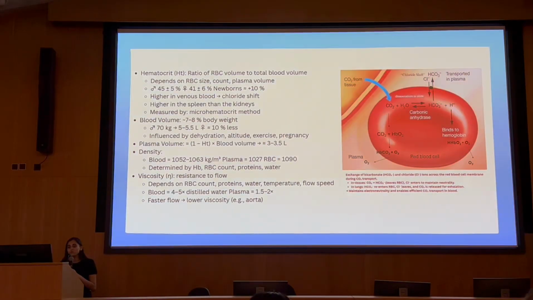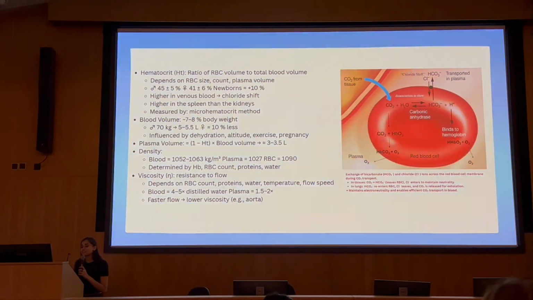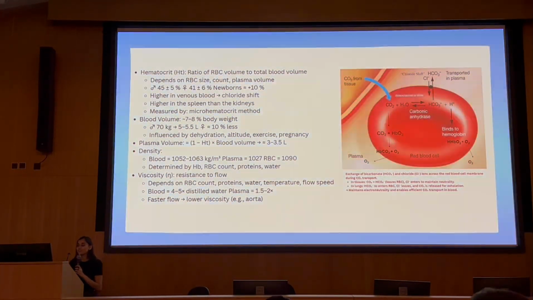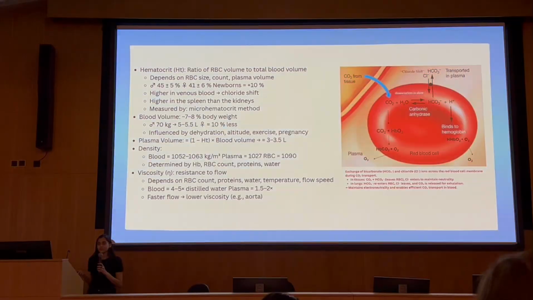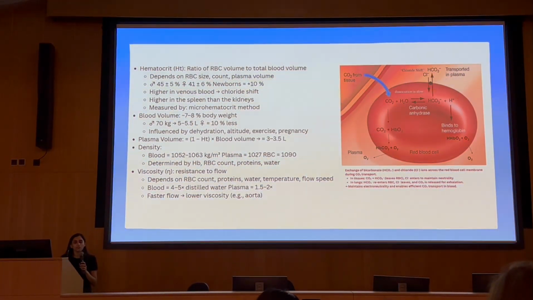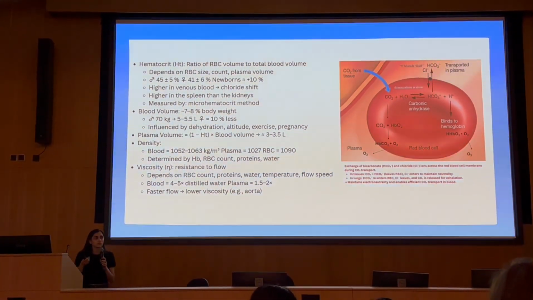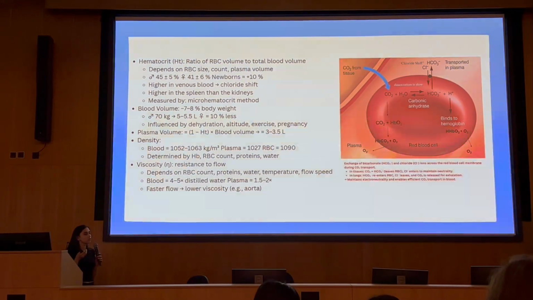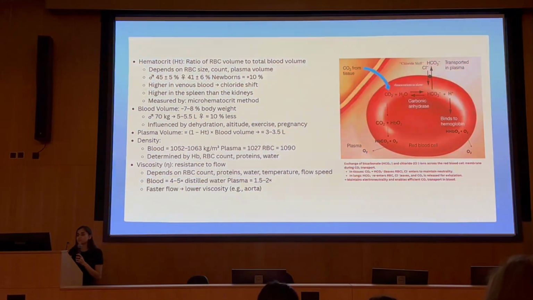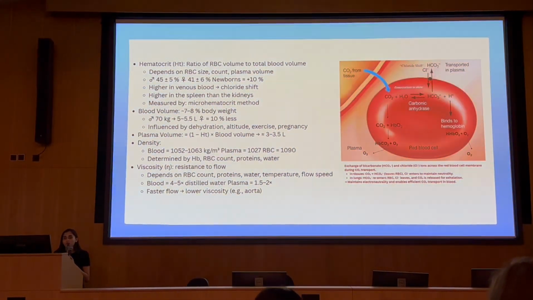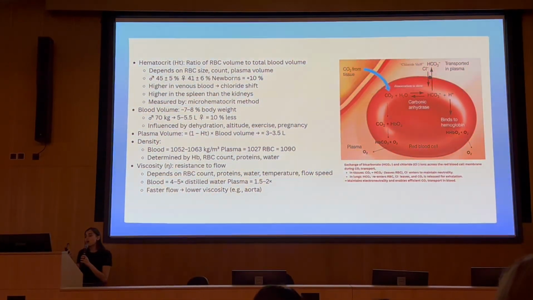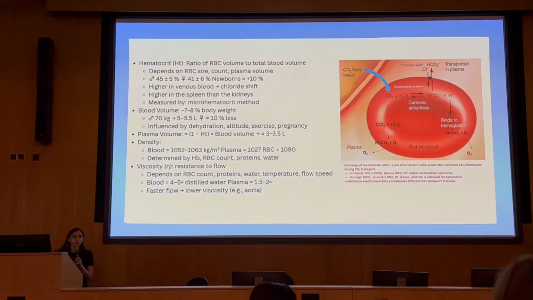Then the blood volume. So blood volume, guys, you need to learn it. There is no way around it. Blood volume is influenced by dehydration, altitude, exercise, and pregnancy. So by dehydration, blood volume will decrease because when you're dehydrated, the water in the blood has decreased, the plasma has decreased. That's the reason the blood volume decreases. Altitude, the blood volume increases.